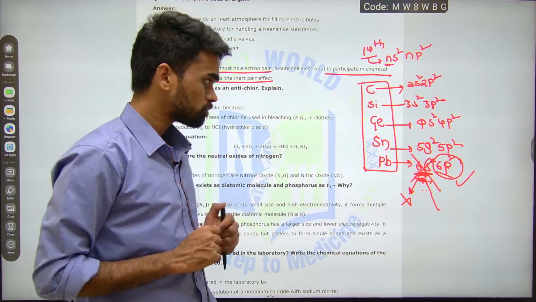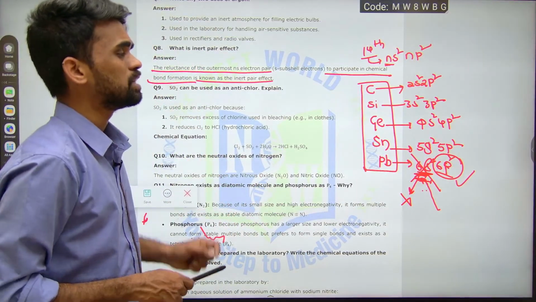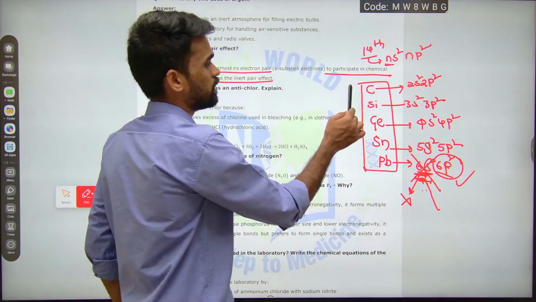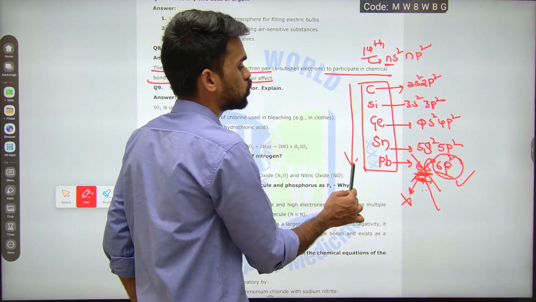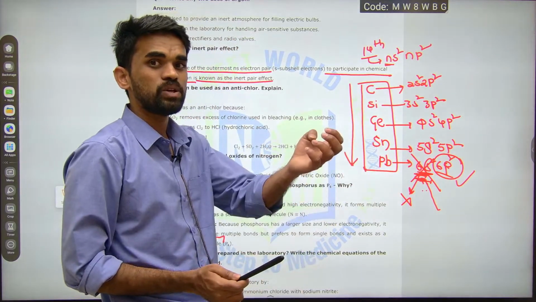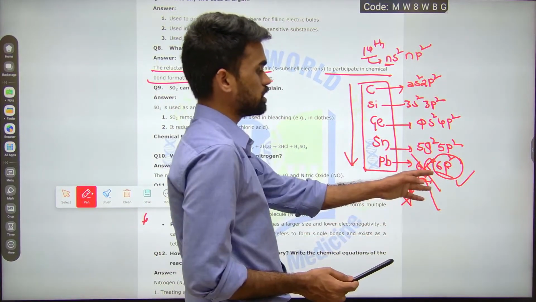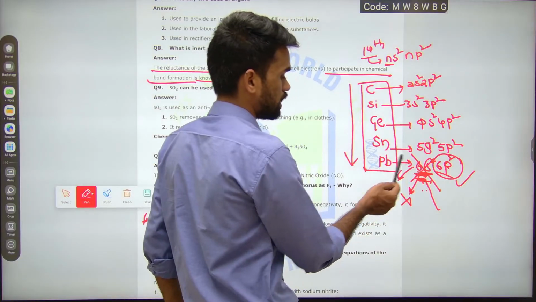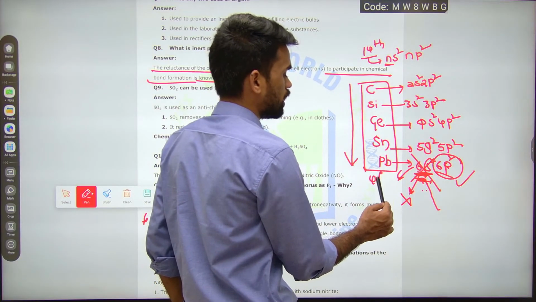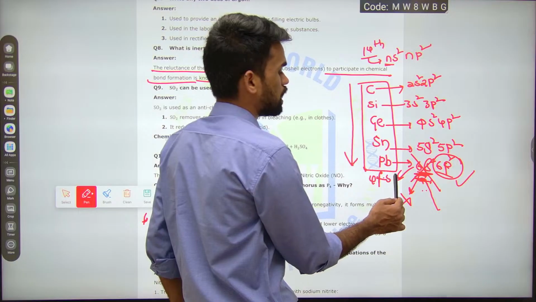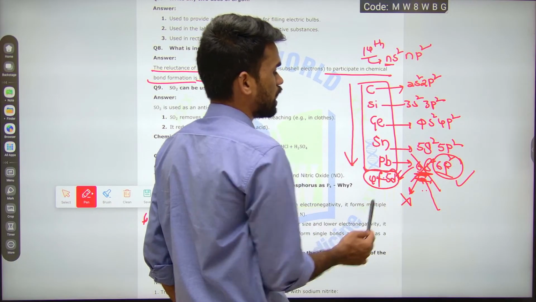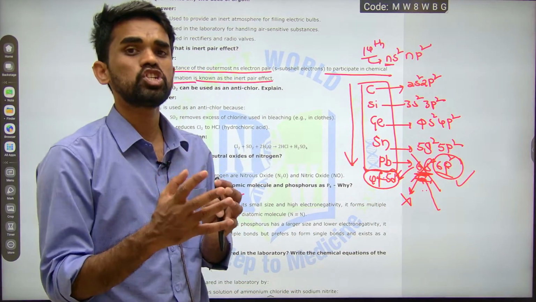Okay, that's it. Now you might be asking, sir, why is it happening, or why is this inert pair effect increasing down the group? Because as we go down the group, not only 6s and 6p, inside we have 4f orbitals and 5d orbitals, and these 4f and 5d orbitals have very poor shielding capacity.